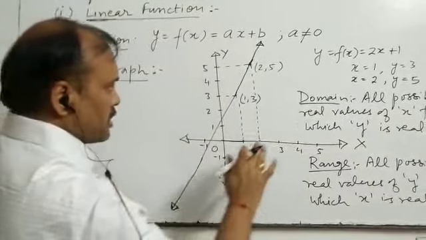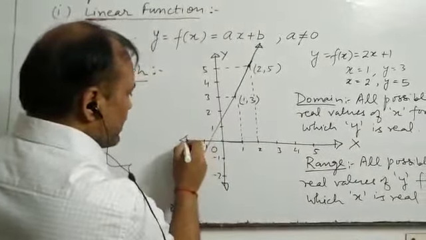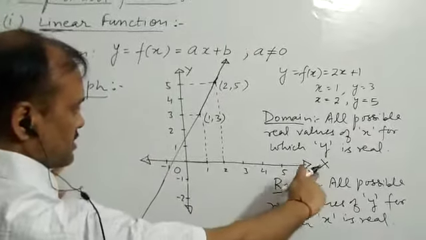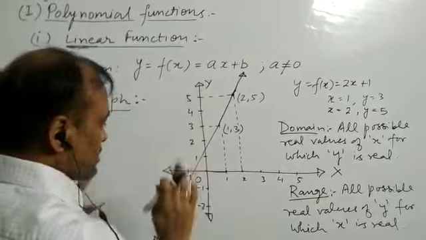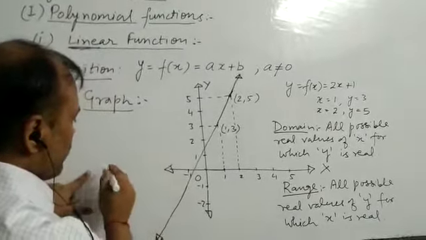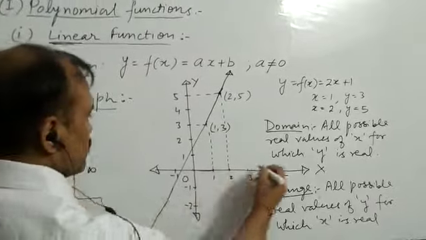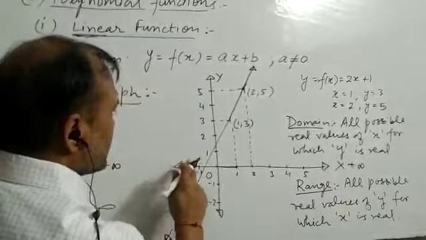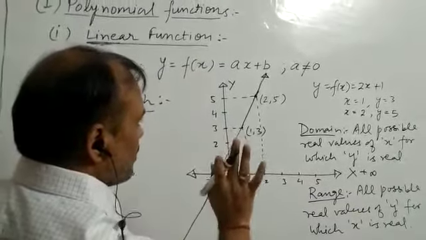You see, all values of x are plotted on the x-axis and the corresponding values on the y-axis. So if you take any real number value from -infinity to +infinity on the x-axis, you will get some real value of y.